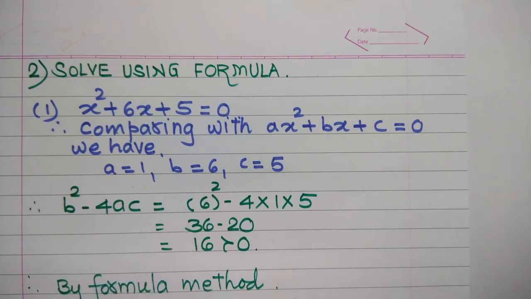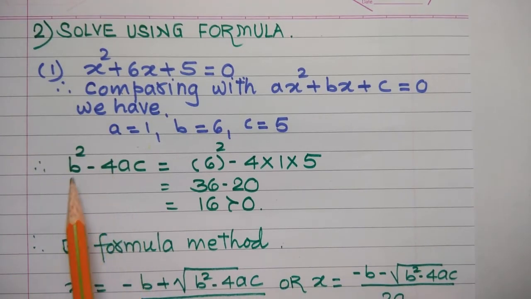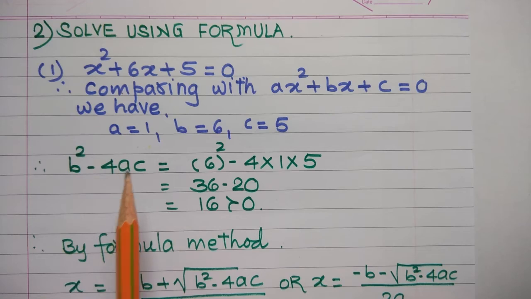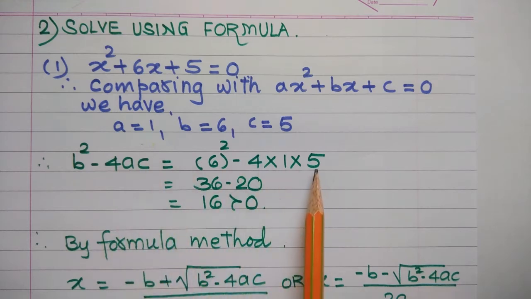Before solving a quadratic equation by the formula method, first of all find the value of b square minus 4ac. It will be 6 square minus 4 into a, that is 1, into c as 5.